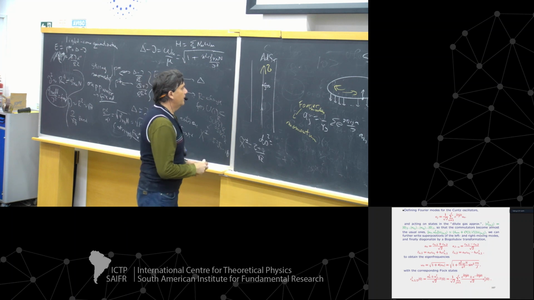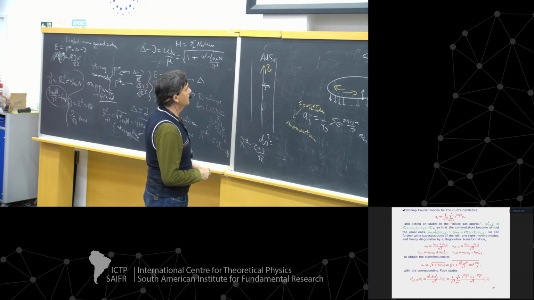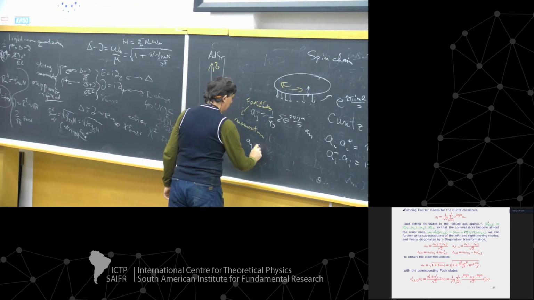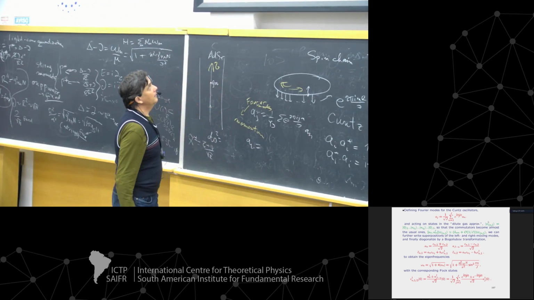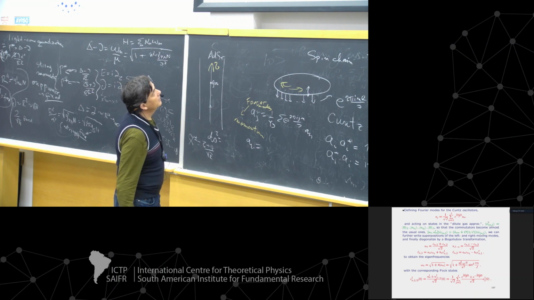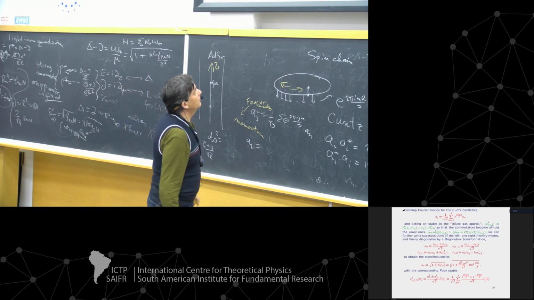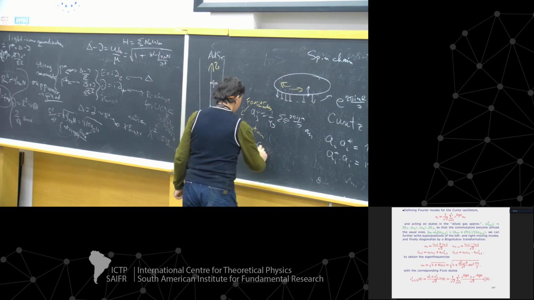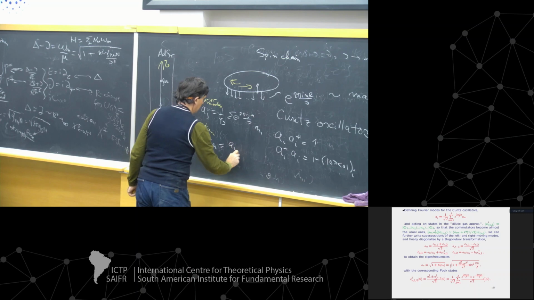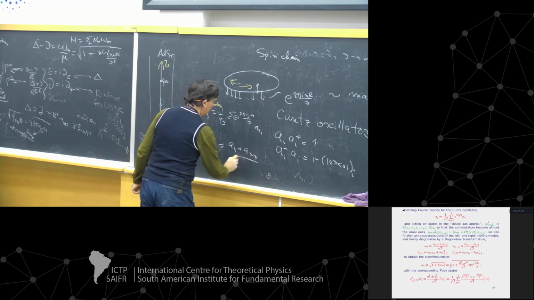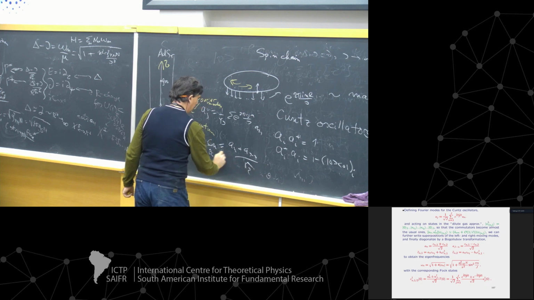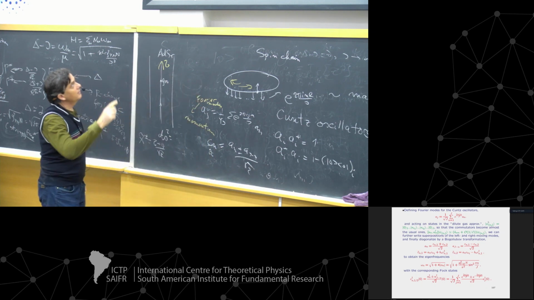So the next transformation is to consider C_n, which is a_n plus a_{-n} over root 2, and C_n tilde with a minus, right? That's the transformation over there.